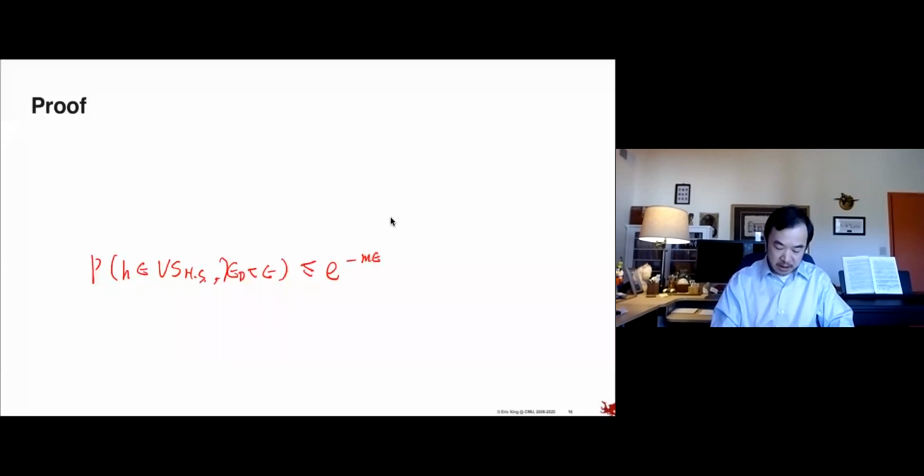Remember that to achieve this, we multiplied m times that single event probability, but this is now a bigger event, on H as a hypothesis being consistent with all the training examples.